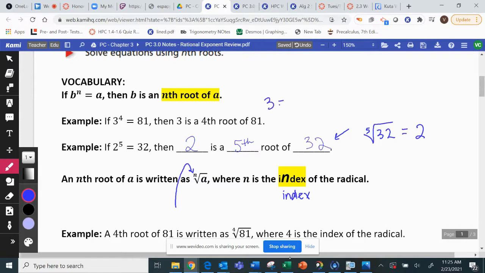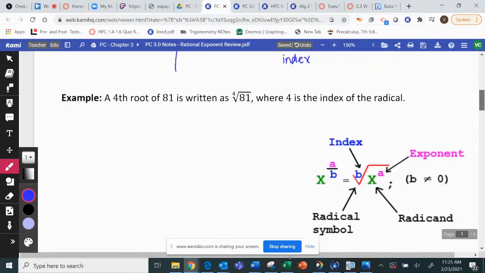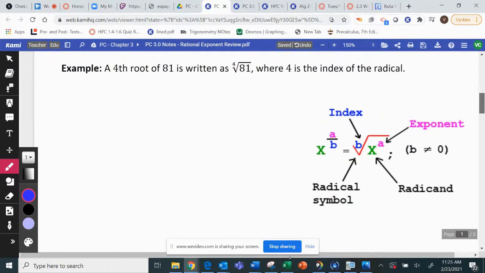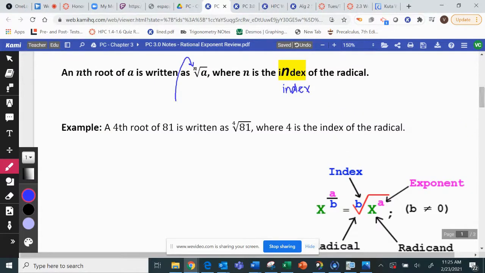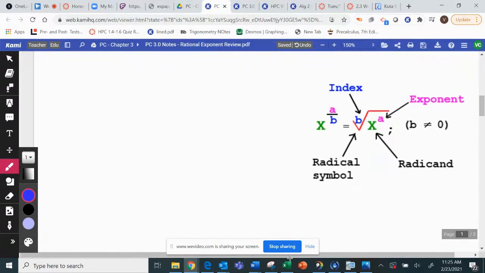Or 3 is a fourth root of 81. A fourth root of 81 is written as the fourth root of 81, where 4 is the index of the radical. Here's some other vocabulary.